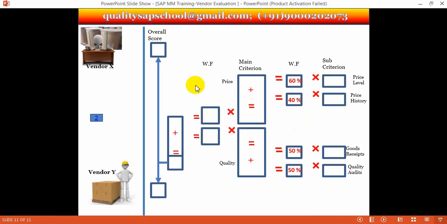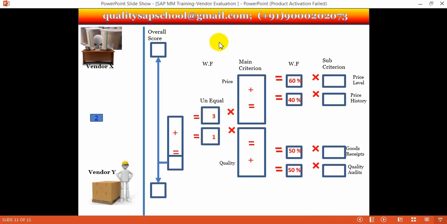If you define it unequal, in this case I have taken price as 3 times higher than quality, because for my product quality is not that important. So I have given less weightage for quality and more weightage for price only. I wanted to make it very cheap, but quality doesn't matter. So the weightage I am taking is 3 times for price and 1 time for quality.